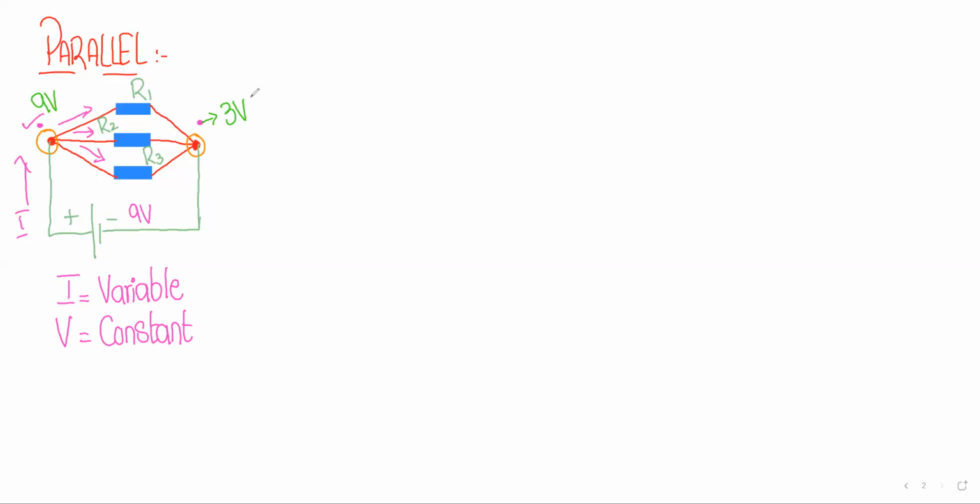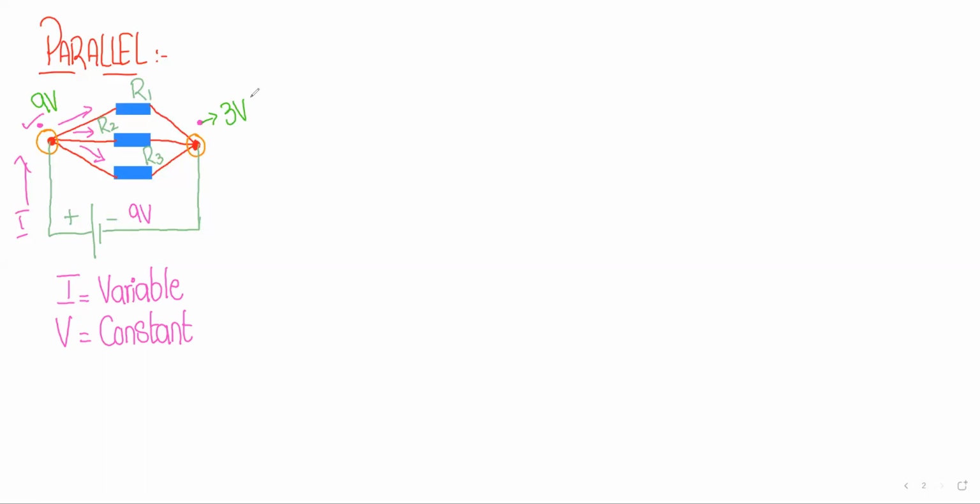So 4 volts of energy is going to be consumed by these resistors or the circuit, right? That will give you a single value of voltage. So voltage is equal to 4 volts in this condition. So we can say that voltage will remain constant for each resistor, or throughout the circuit, right?